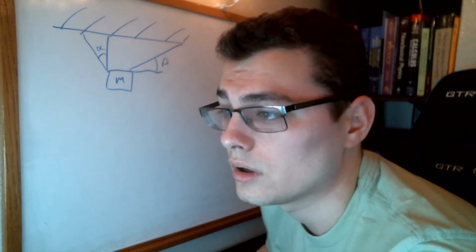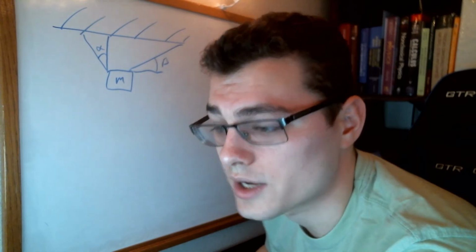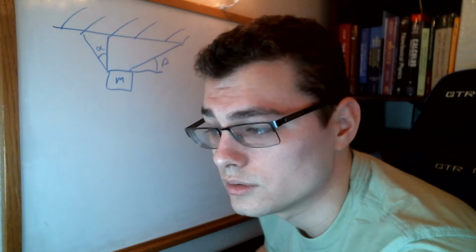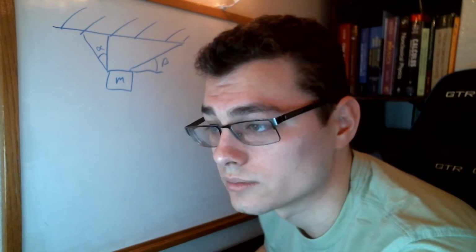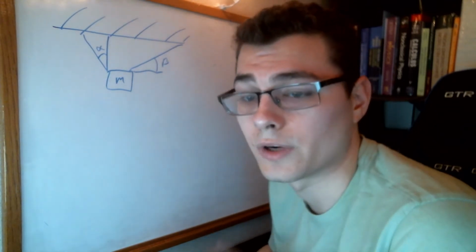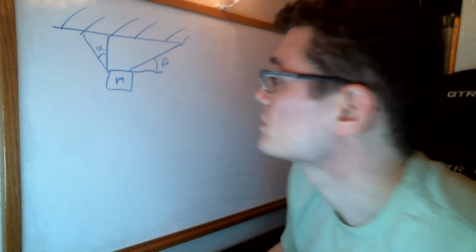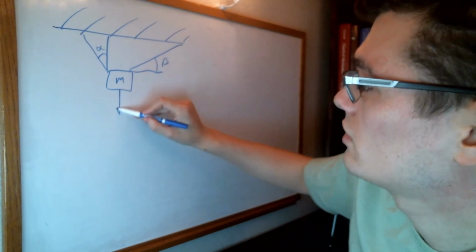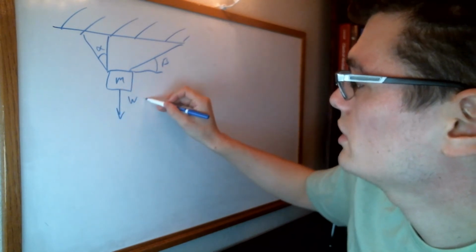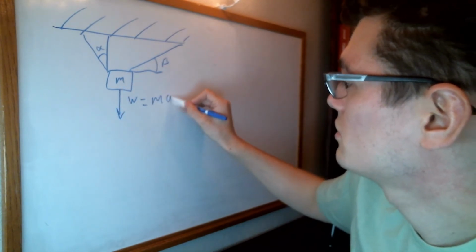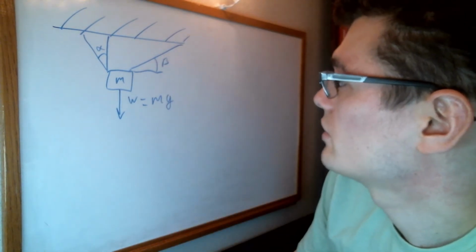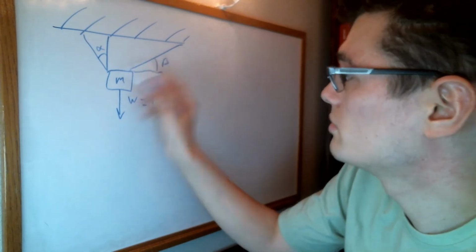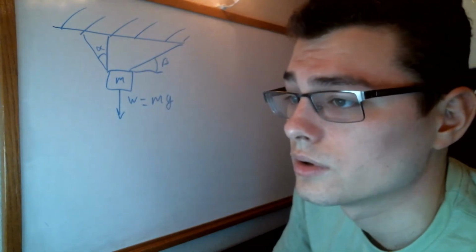As this is asking for just part A, they're just asking for an algebraic answer and not a numerical one. I'm just going to say that W here is equal to mg, and so then W is going to be distributed between these two.